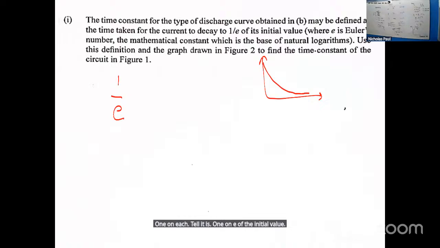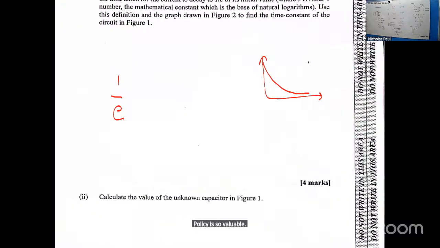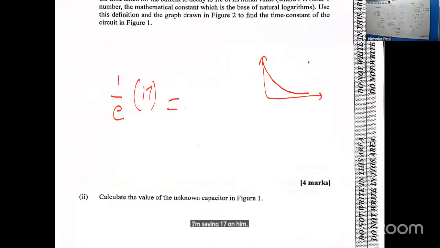What was the initial value? 17. So go to a graph and find 1 on e of 17. Wait, no, sorry. Go to a calculator first and find 17 on e. e to the power 1, right? 17 divided by e is 6.25.